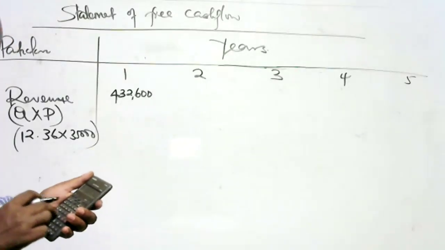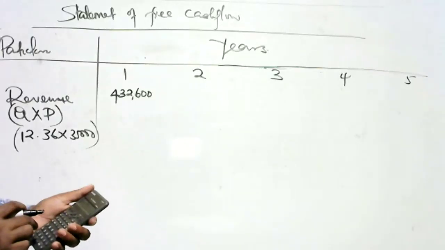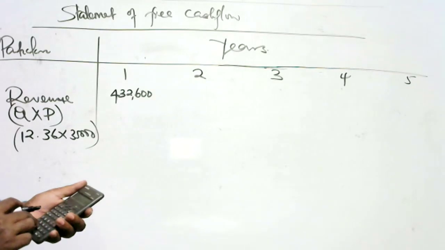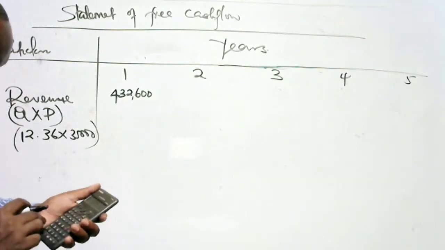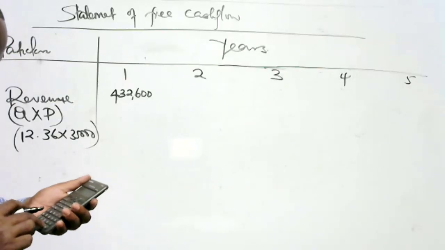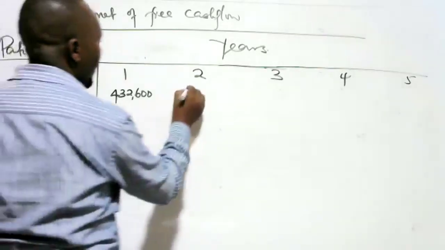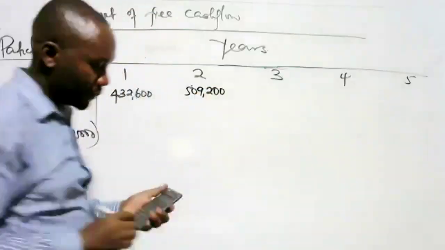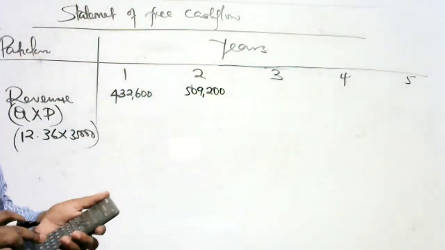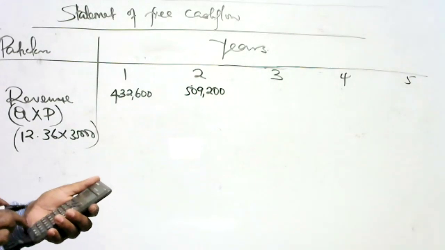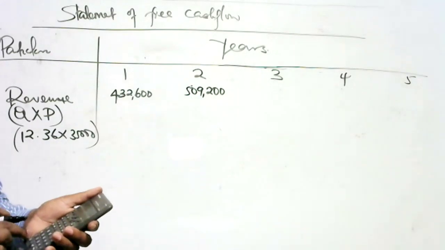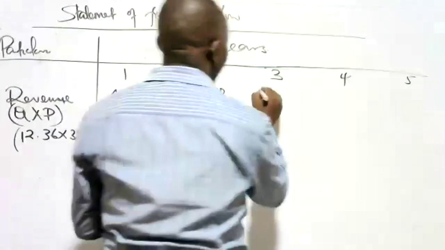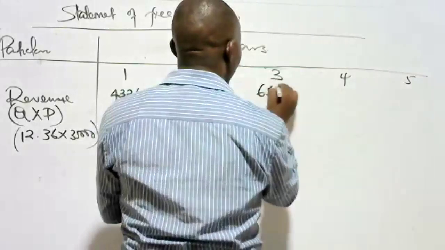Year 2, it's 12.73, times the quantity of 40,000, which is 509,200. Then we have 50,000 times 13.11, which is 655,500.